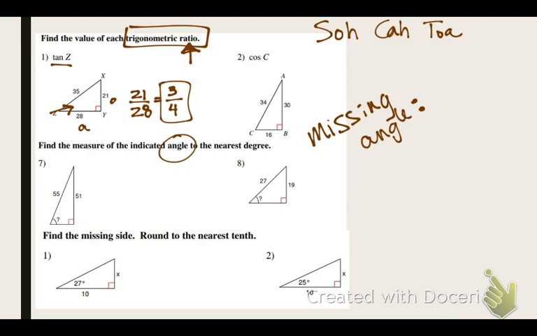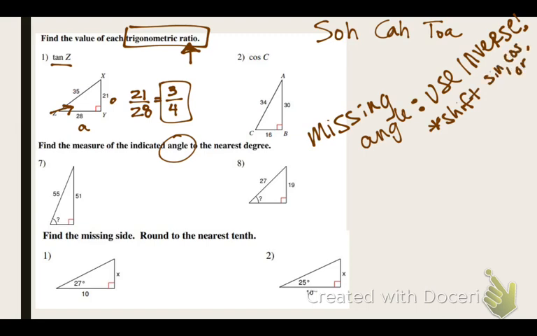When you have a missing angle, that is when you use the inverse, which means you're going to hit shift and sine, cosine, or tangent. That will never ever change. You will never use it if you're missing a side. You will only use it if you are missing an angle.